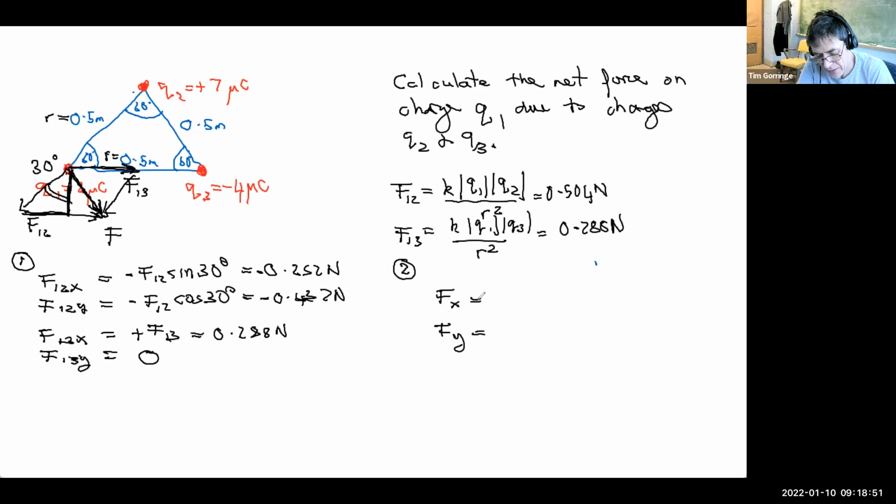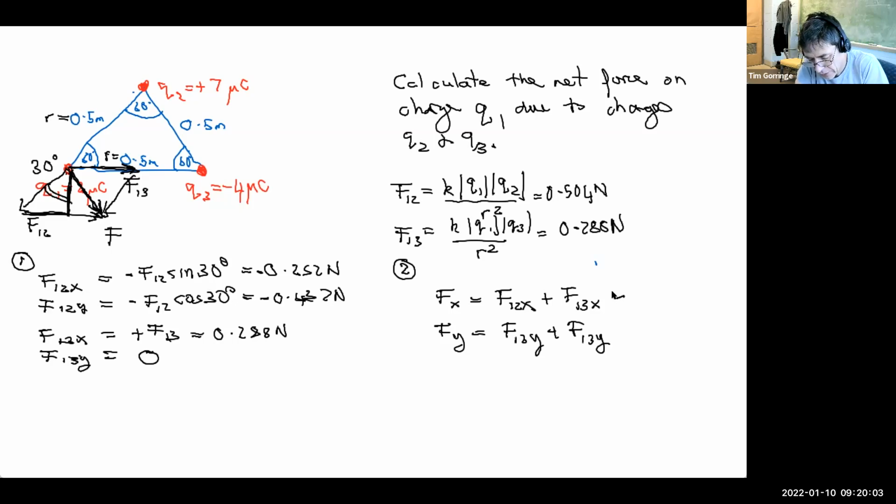And Fx is simply the sum, simple addition of the two x components of the two forces. So F12x plus F13x. And Fy, again, simply the arithmetic sum of the two y components of the two forces.